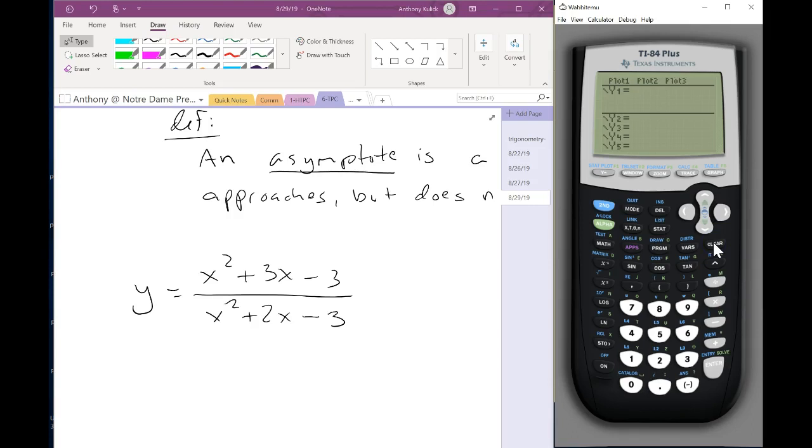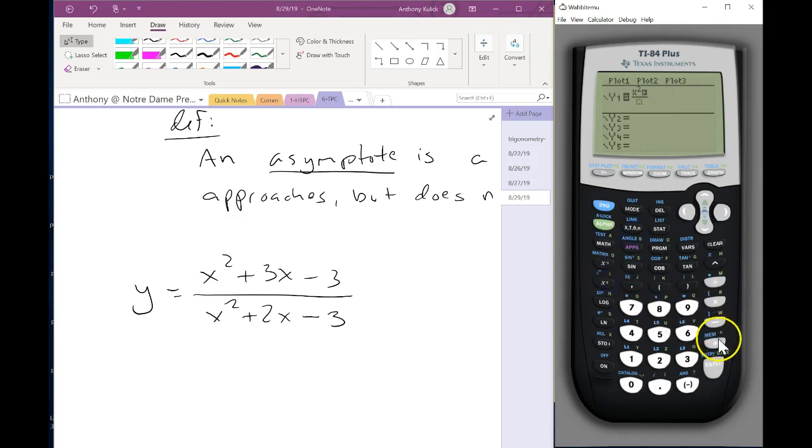The easiest way to type this function into our calculator is to use the fraction options. We can access the fractions menu through a shortcut if we press the alpha and y equals button. That opens up the fraction menu, and the command that we want is just the first one, numerator over denominator.